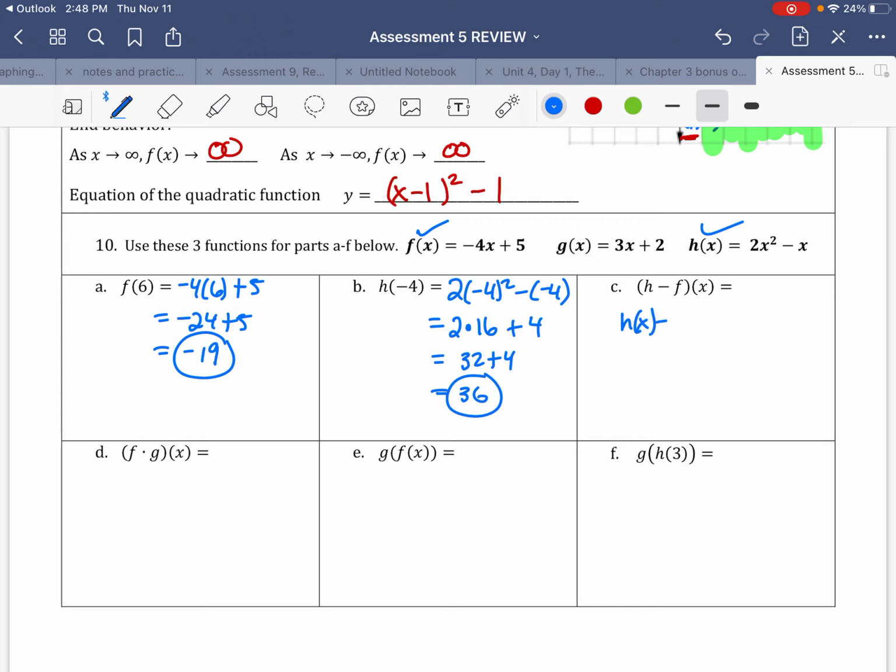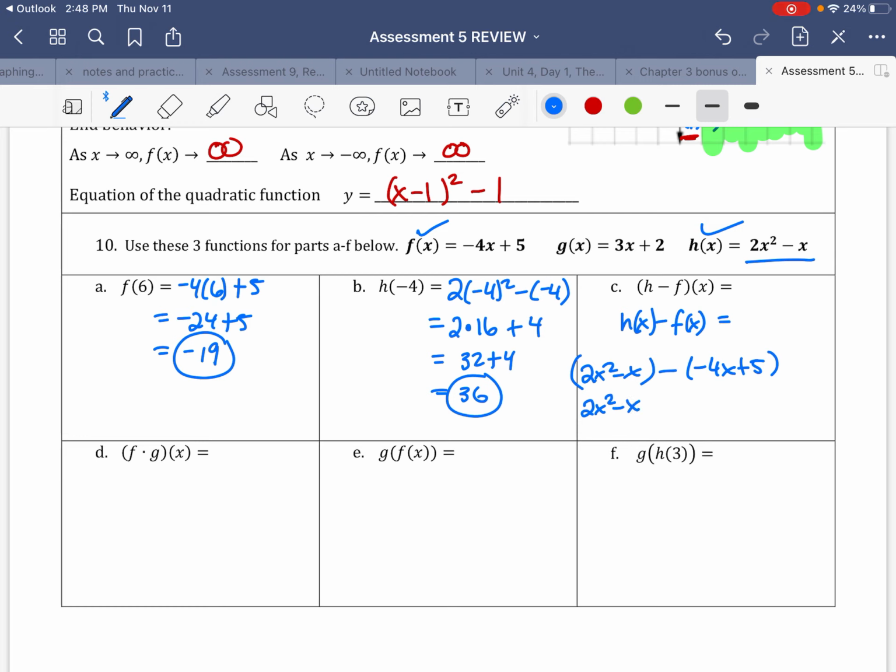Over here, this just means h of x minus f of x. Okay, so take h of x, which is 2x squared minus x. I don't think I have enough space there, so I'm just going to do it down below. So I have 2x squared minus x minus f of x, which is negative 4x plus 5.